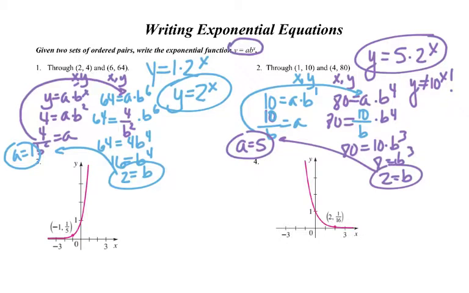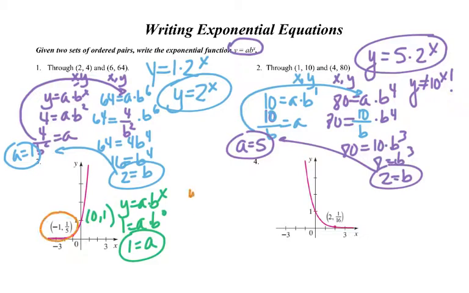This one, these two here are actually a little bit easier because they each go through the ordered pair (0, 1). So I'm going to do it the same way. Y equals a times b to the x. So it's going to be 1 equals a times b to the 0. Well, what's b to the 0? Right, it's 1. So I automatically know that a is 1.